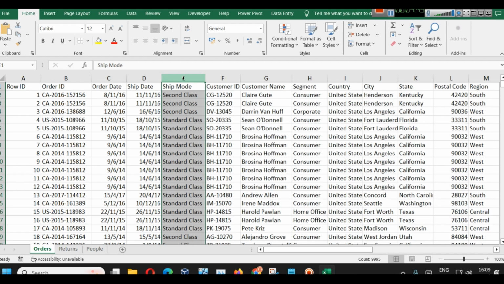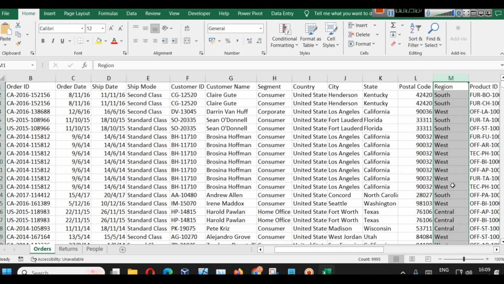When we delivered that order, what was the order date, what was the shipping date? Then customer ID and customer name are also given. Customer segment is also given, which is a categorical field. Country, city, state and region are also given, which are categorical fields.